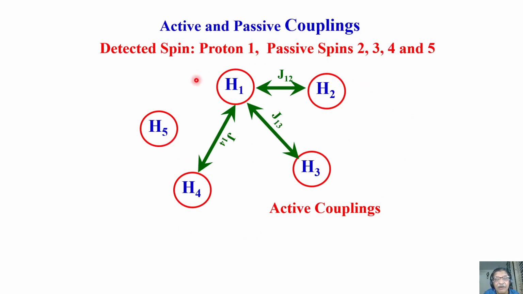When I look at the spectrum at the chemical shift of this proton 1, I see that although it is all a coupled spin system, proton 1 is coupled to only these 3. Because of this it will be a doublet, a doublet of a doublet, and a doublet of doublet of a doublet. So we get 8 lines at the chemical shift of this proton. From the 8 lines, you can measure this coupling and this coupling.